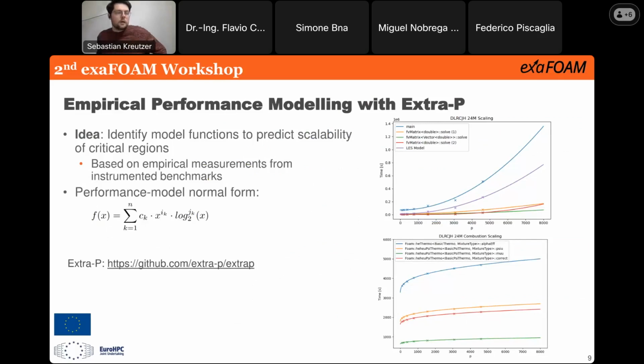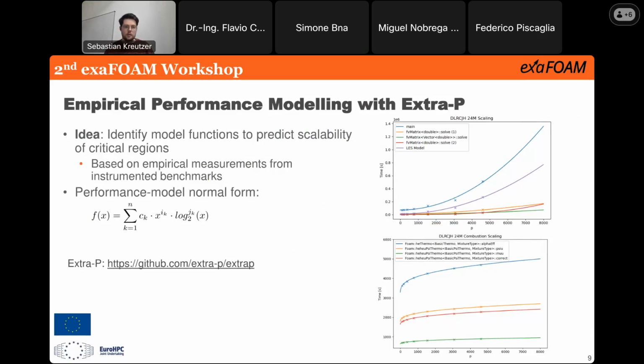So what we have used this sort of landscape of tools for is empirical performance modeling with a tool called Extra-P. The idea here is to identify model functions of the runtime of the specific code parts to predict the scalability of these critical regions.